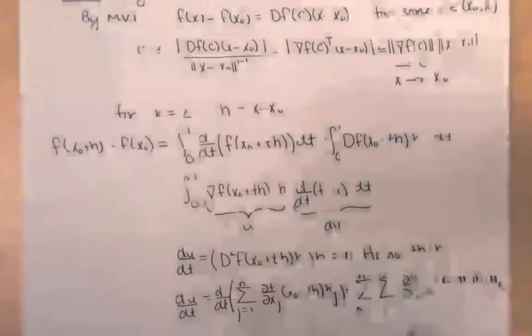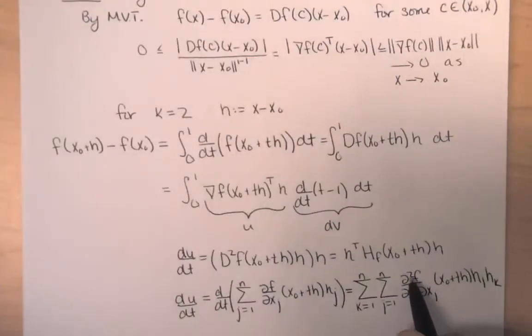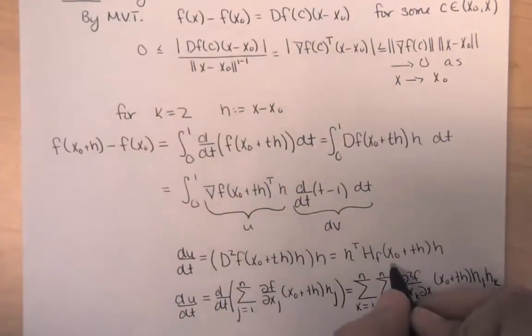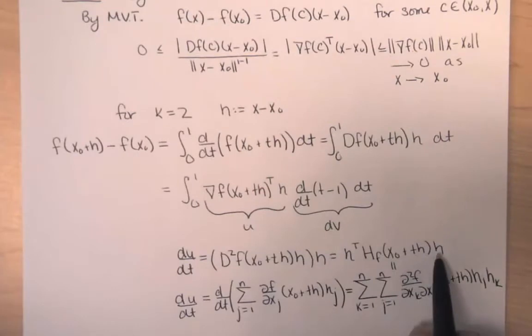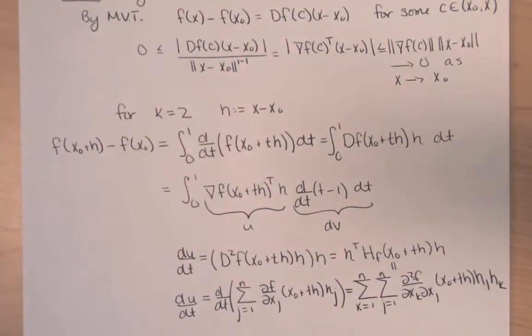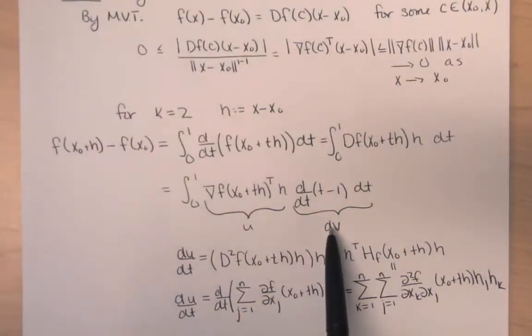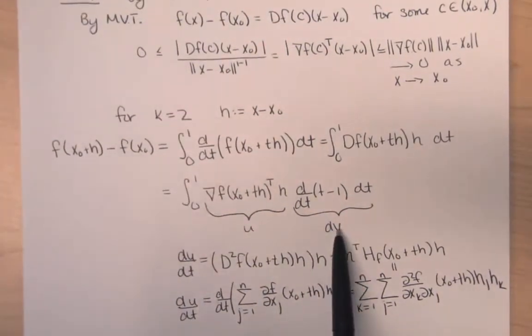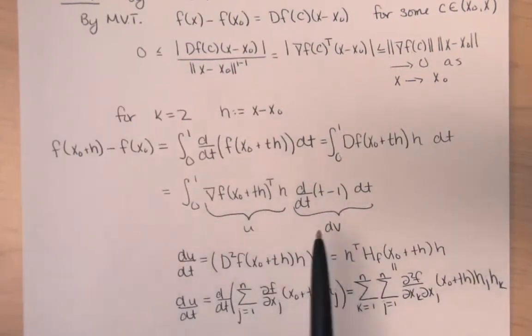And these are exactly the entries of my Hessian matrix. To take this double sum of all the entries of my Hessian matrix times the entries of h, that's precisely what this bilinear map to a real number is. It's exactly the matrix times h and then times the transpose of h from the left. Of course, we see that we have du, and v is just t minus 1.